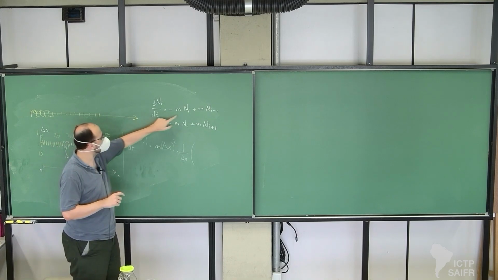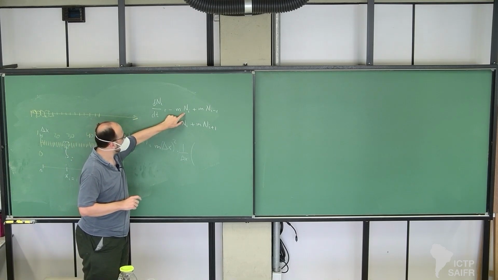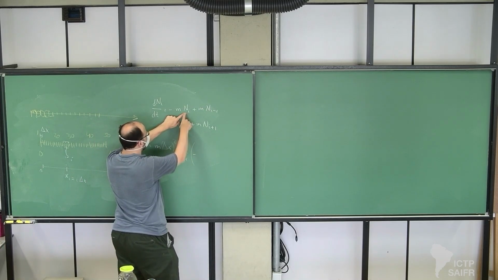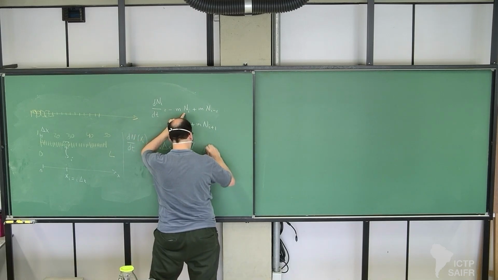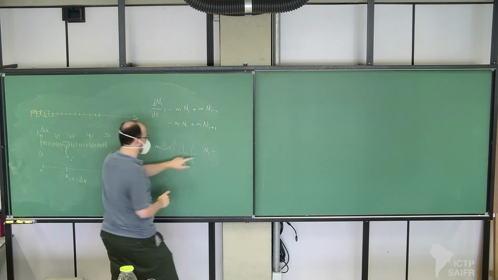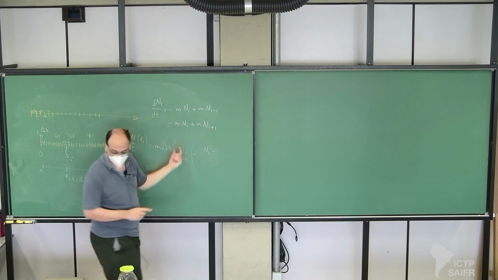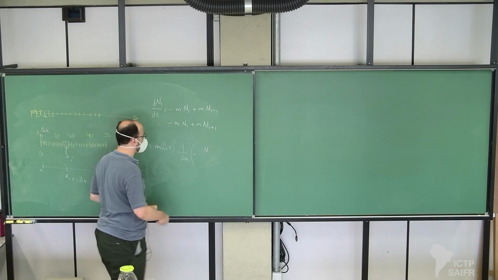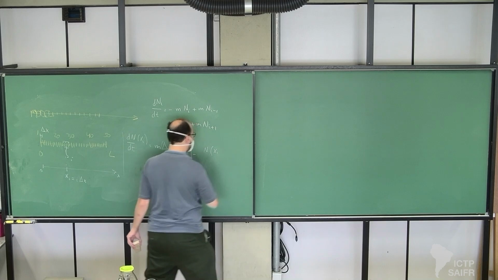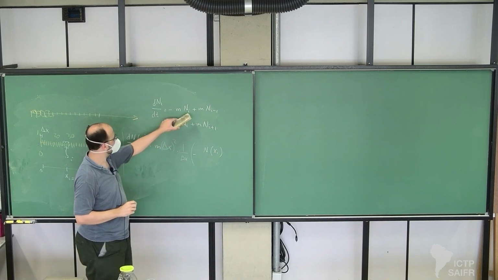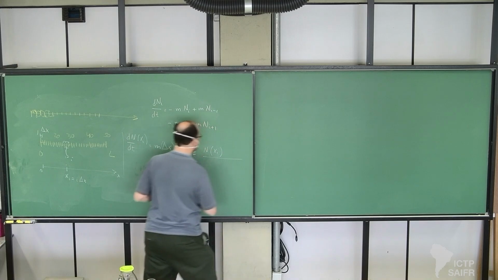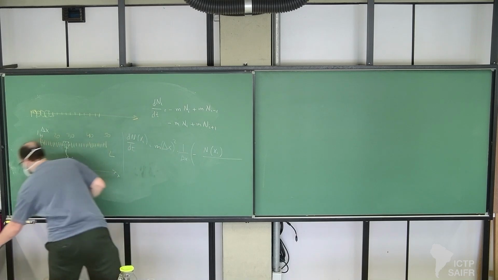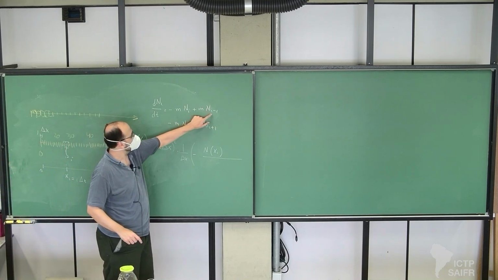Now this term here, we'll write it like this. This is minus ni, or what is ni? It's n at xi. So ni is n at xi, and I will put the minus in evidence here, minus n at i minus 1. So what is n i minus 1?